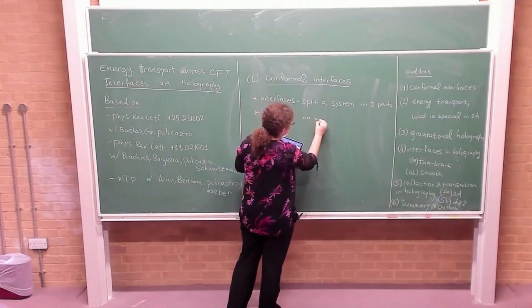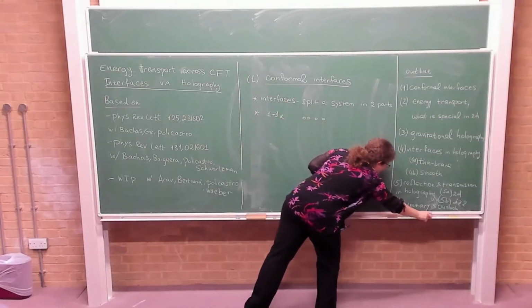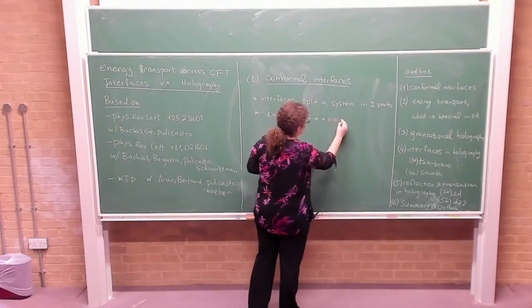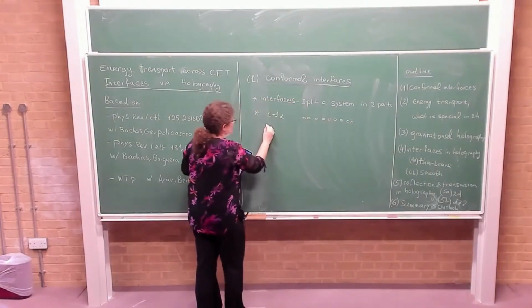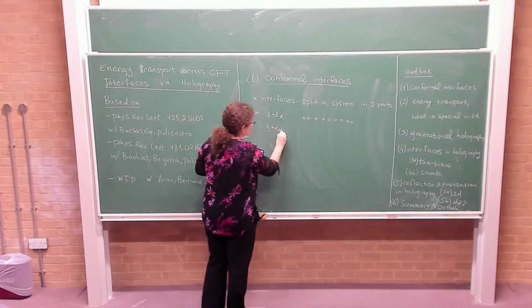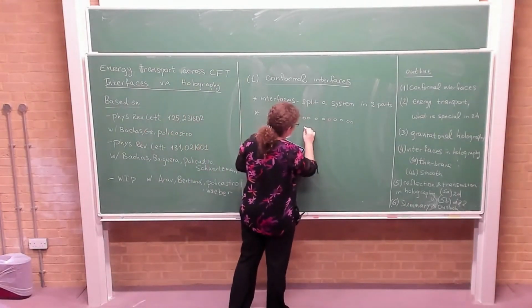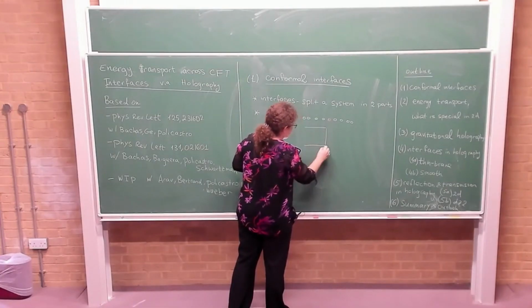So I could have a chain and something in the middle splitting the chain in 2, which is there for any time. In, say, 3 + 1 dimensions, these will be some sort of walls splitting the system into 2.